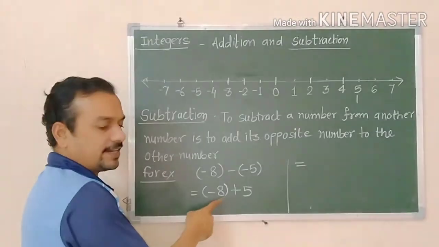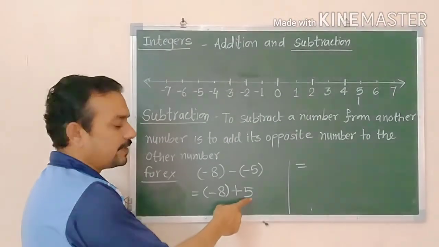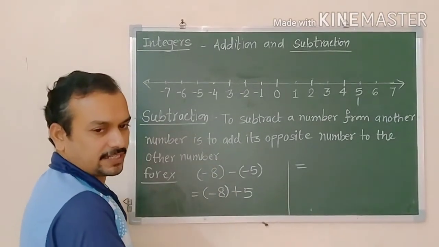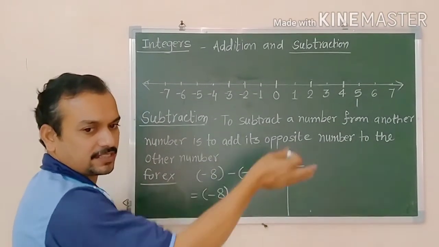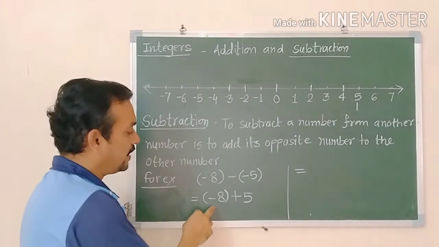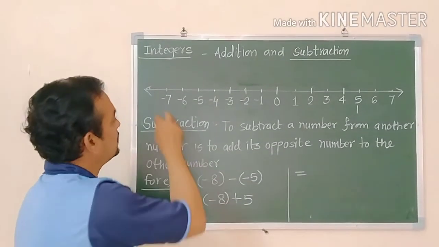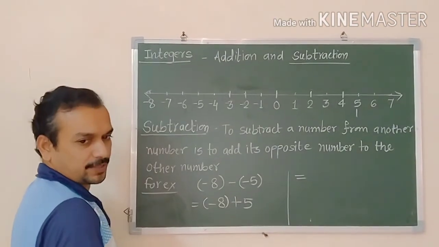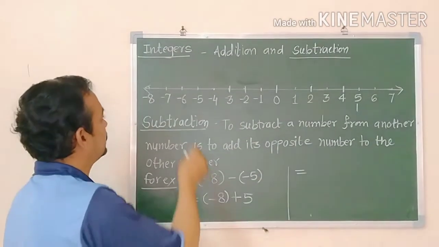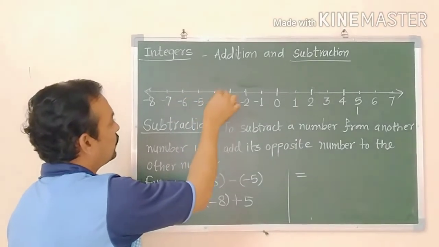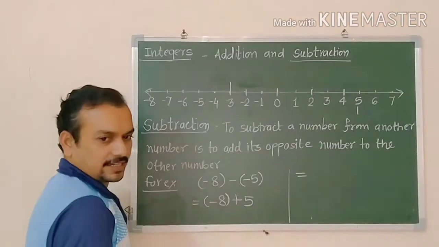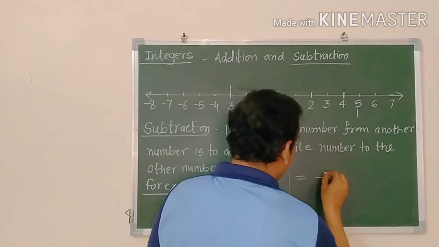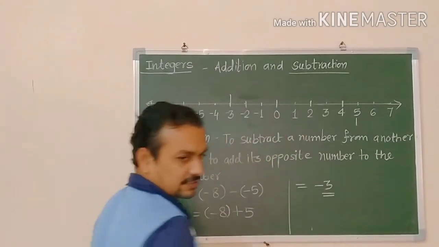Here is negative 8 plus 5. If we add a positive number to any number, then move towards the forward. Here is negative 8, plus 5 means how many units towards the right? 5 units. 1, 2, 3, 4 and 5. We get negative 3. That means negative 3 as an answer.